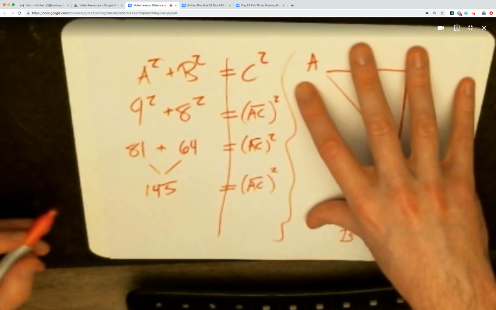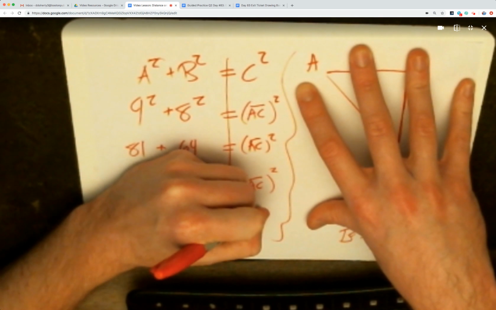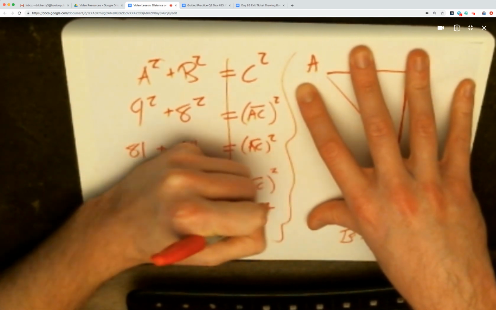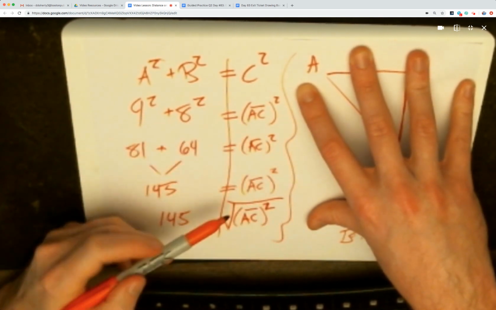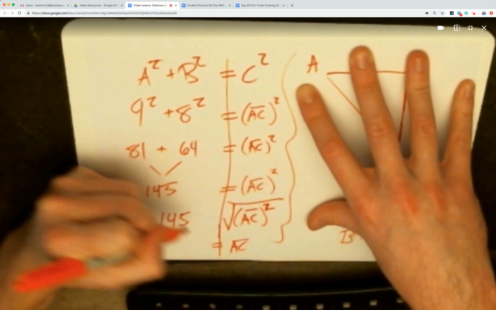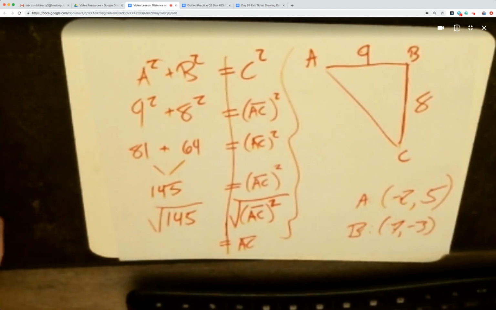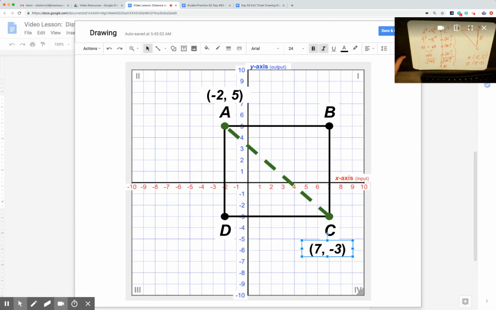How do we get rid of that squared? We take a square root from both sides, because a square root will cancel that out. And now I know that AC is equal to the square root of 145. So let's drop that work into our document.